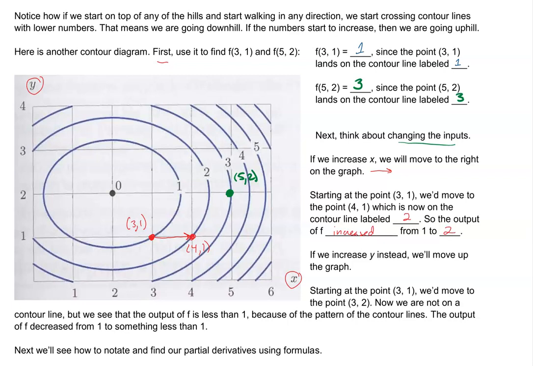That's the derivative stuff. If we increase y instead, we would move up the graph because the labels for the y-axis are getting bigger as we move up. Now, starting at the point (3,1) again, we'd move to the point (3,2).